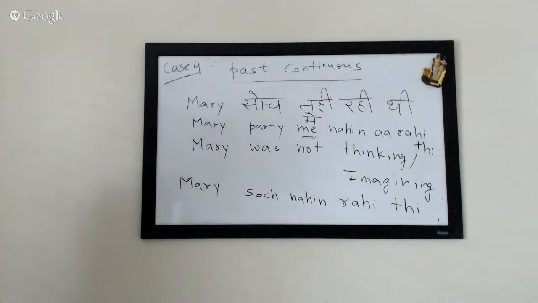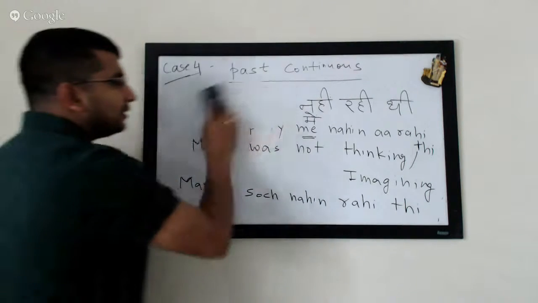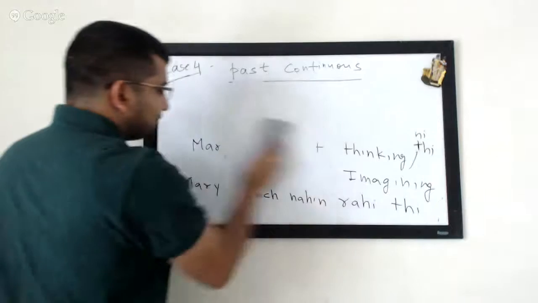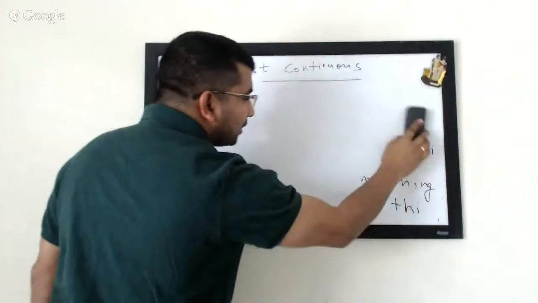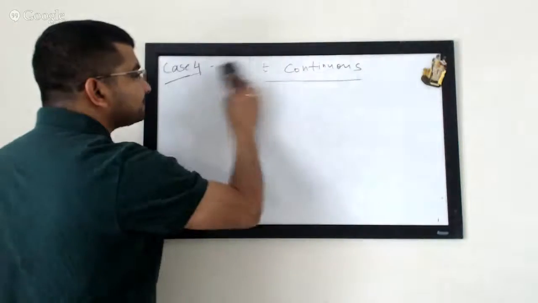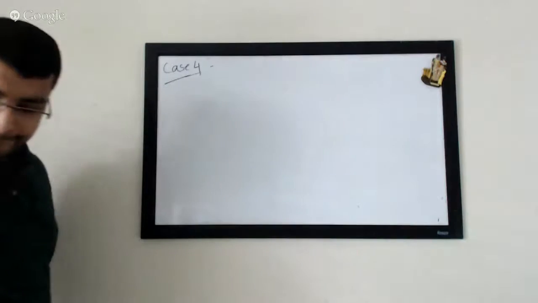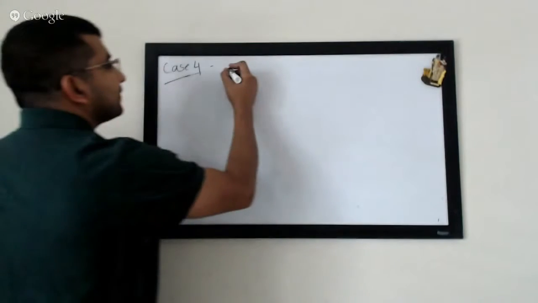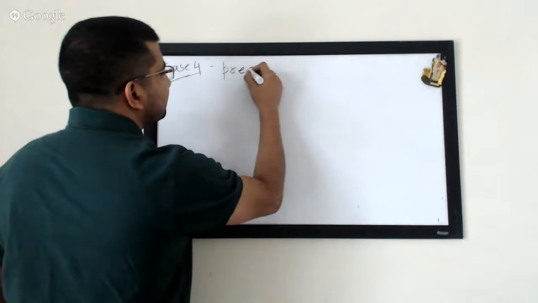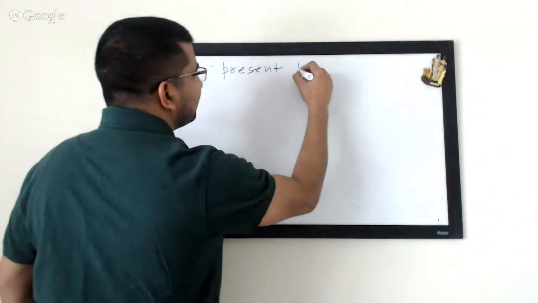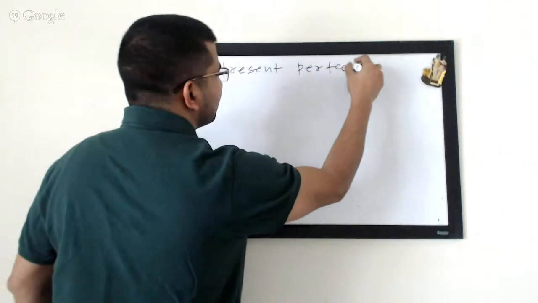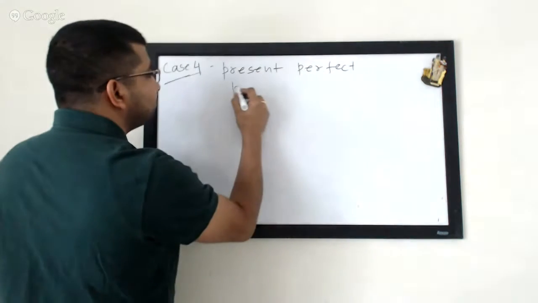I want to cover case 5 and 6, which are very important, which we have not done in the past. So I want to spend some time there as well. Those will be present perfect or past perfect.